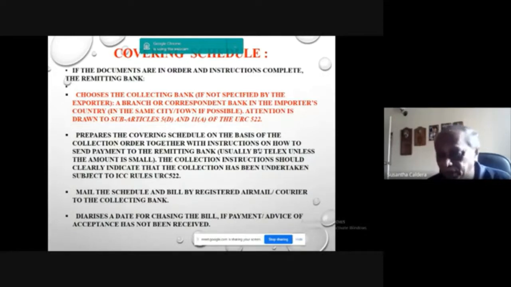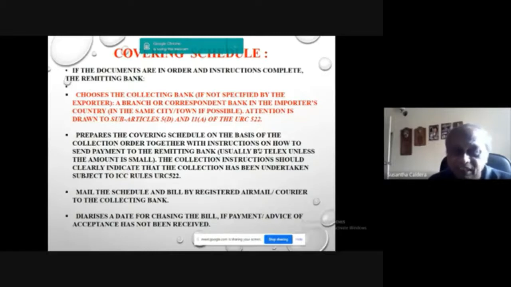Very important, the last item. Diarizing is a very, very important thing. When we were initially working in trade finance, we used to maintain our own diaries. The collection clerk always maintained his own diary. But now, no diaries. Everything is uploaded to the system.